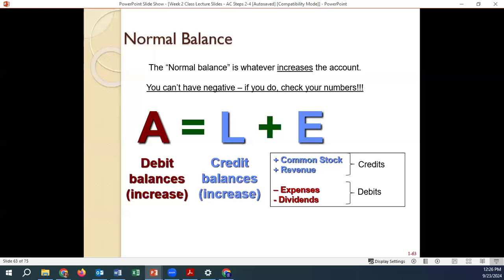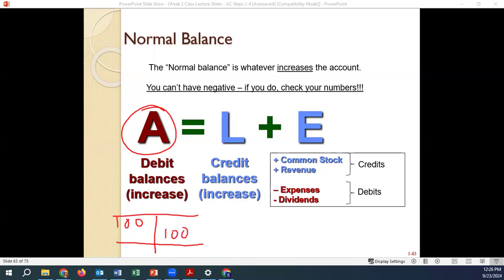So for example, let's look at asset, right? You can have $100 cash, right? And if you then spend that $100 cash, that's a negative. How much cash does that leave you? It leaves you 0, right? So you can have cash or you can have 0 cash. But would this work?